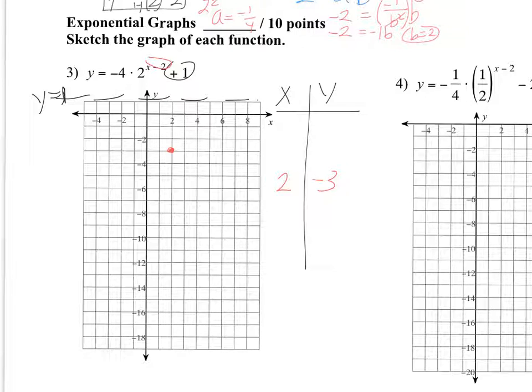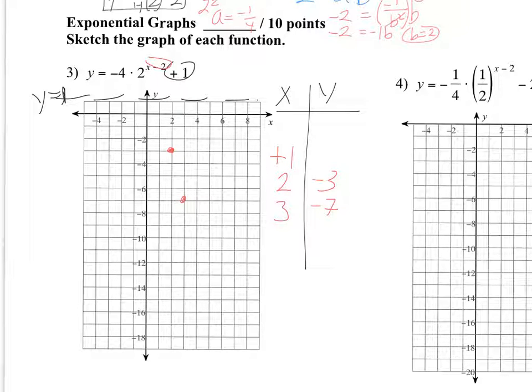Maybe move up 1 value from here. That sounds pretty good to me. So 3, we're going to have 2 to the 1, which is going to be 2. Negative 4 times 2 is going to be negative 8, plus 1 is negative 7. Maybe move back 1 to get it closer to my asymptote. So let's do positive 1. 2 to the negative 1 is going to be a half.